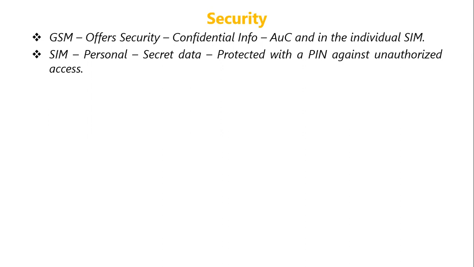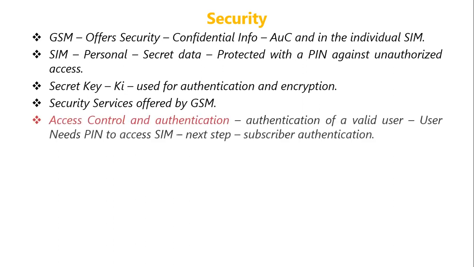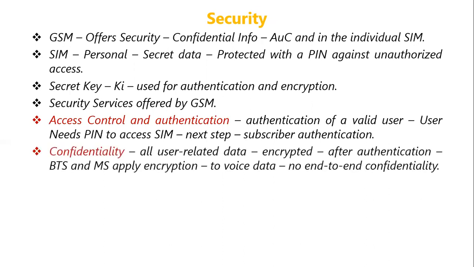Basically, the security services that are offered by GSM can be broadly classified into three categories. These are access control and authentication, the first one. The second one is confidentiality, and the third one is anonymity.